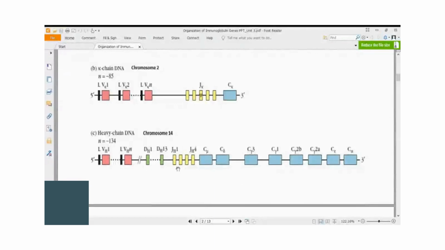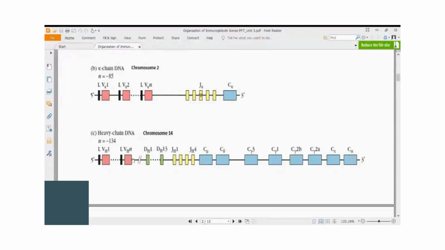It forms the exonic component and the coding region and constitutes the amino acids of the variable region domain of the heavy chain. So D and J constitute some amino acids. 13 amino acids come from the J segment. Another 13 or so come from the D segment. 13 plus 13, about 26 amino acids.